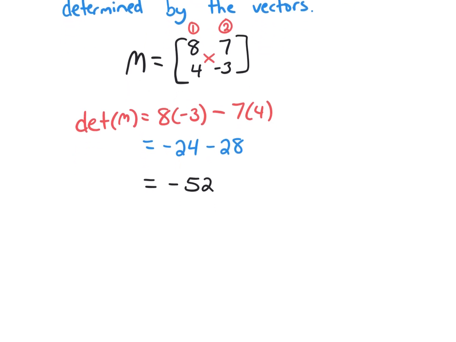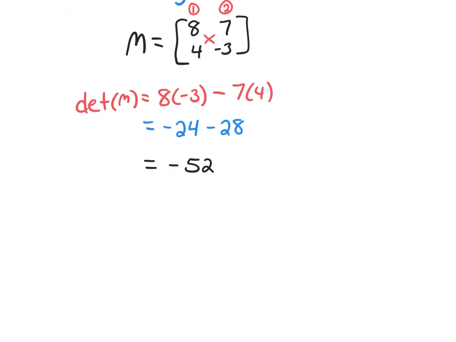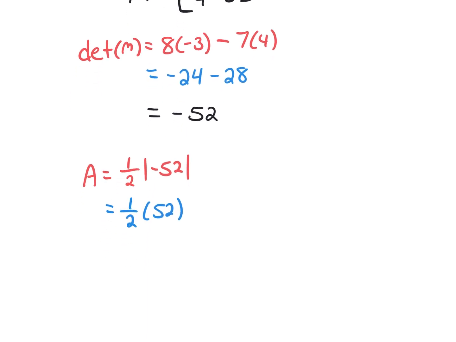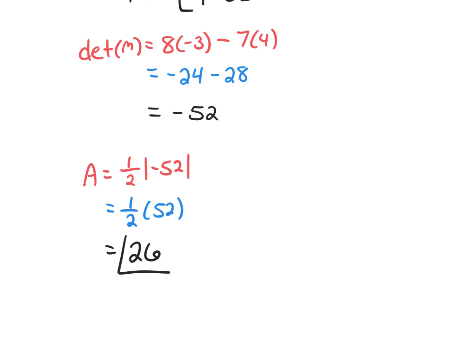Now that I know the determinant, can I find the area? Yep. So area equals 1/2 times the absolute value of what? Negative 52. Yep. The absolute value of negative 52 is just 52. So now take 1/2 times 52, which is 26. So our area is 26.